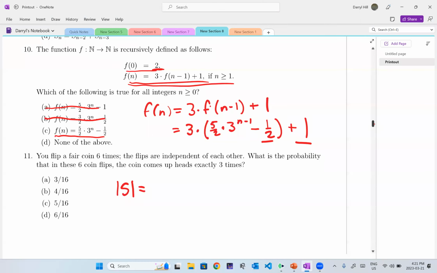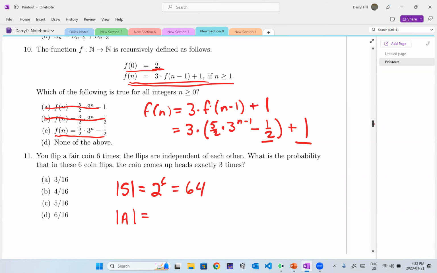So I have 2 choices for each of these 6 flips, which I believe is 64. Now the event A is that heads comes up 3 times.